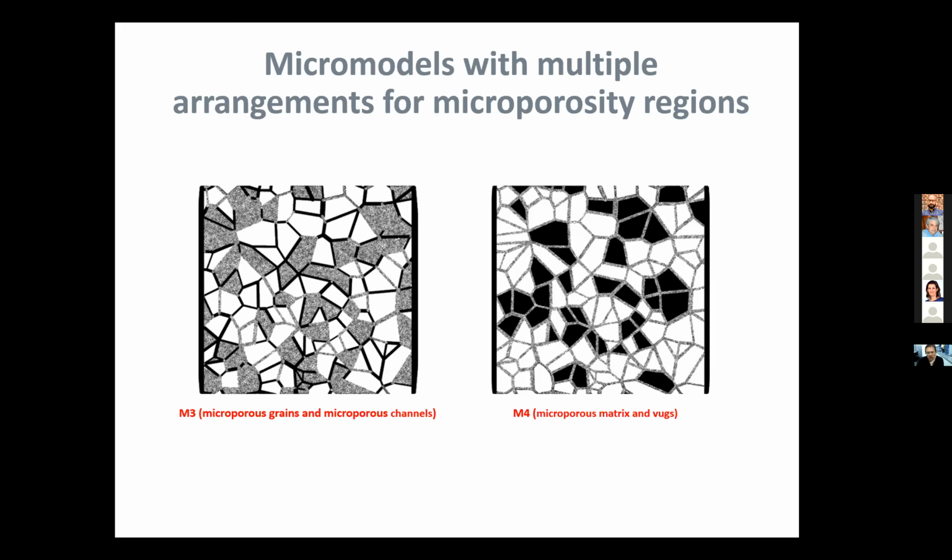And the last one considers a more heterogeneous case, in which we have some big cavities or vugs in the system, and all the initially micro scale channels filled by microporous matrix. So in this case, the vugs are around 100 times larger than the microchannels. So you have really a more heterogeneous case in this situation.